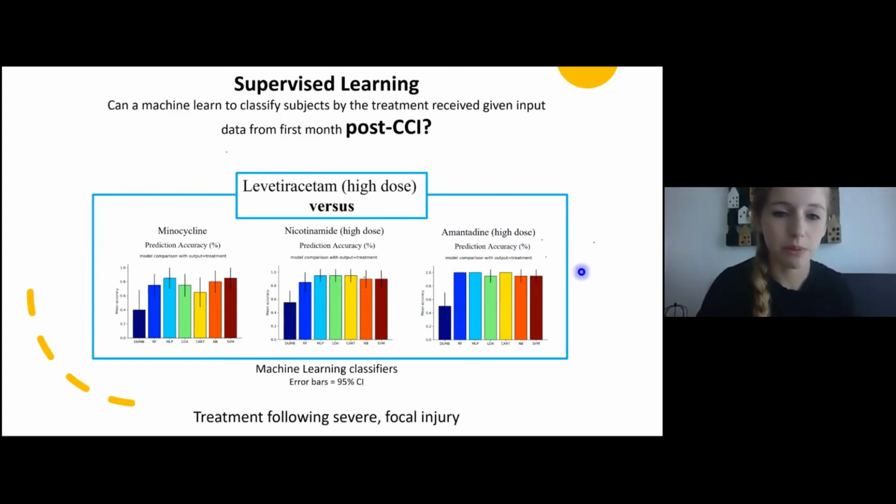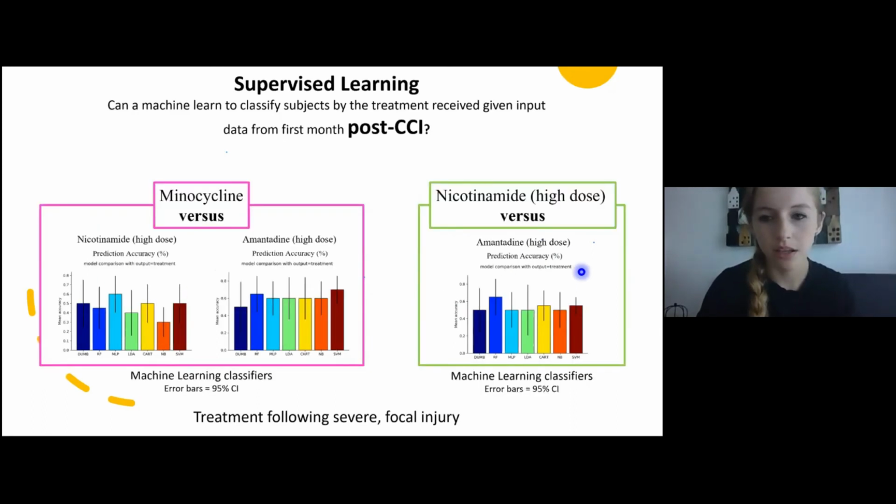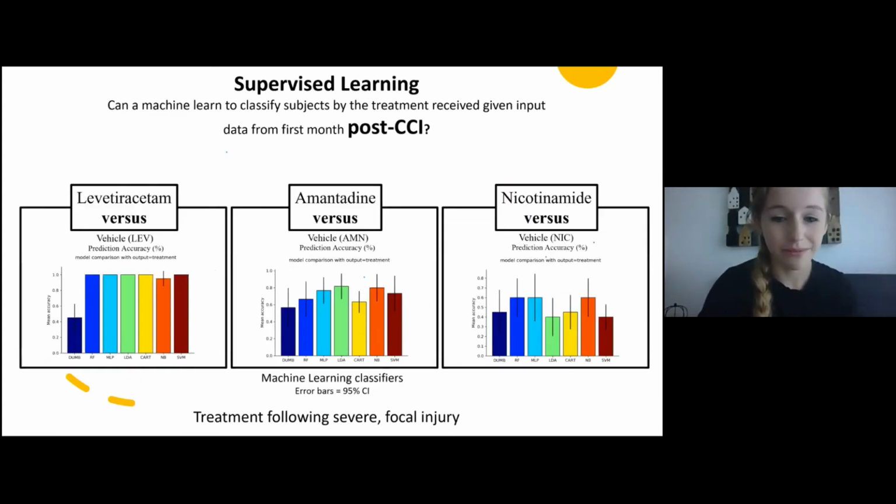And this is the high dose pictured here, but it was also true for the low dose of levetiracetam. And looking forward at the rest of the comparisons, it only appeared to be true for levetiracetam. Even when we looked at the comparison to vehicles, it was really good at figuring out whether an animal was administered a lev or whether it was administered the other therapies.